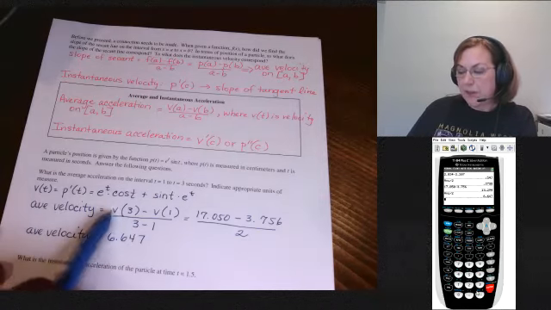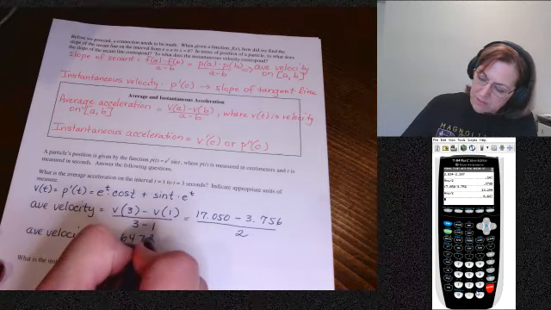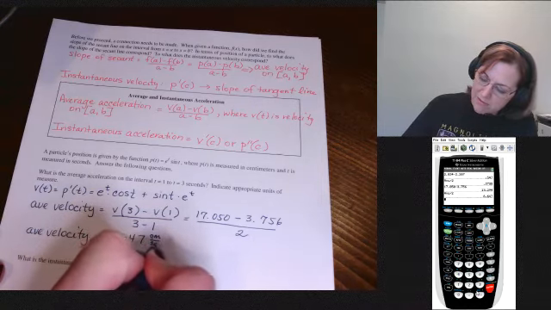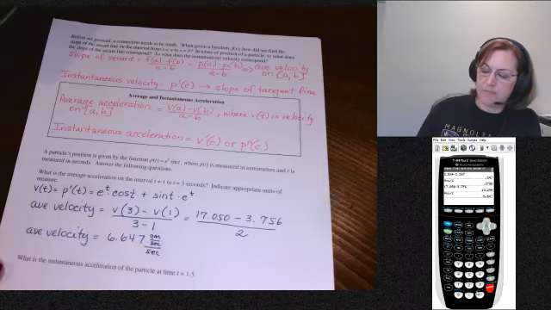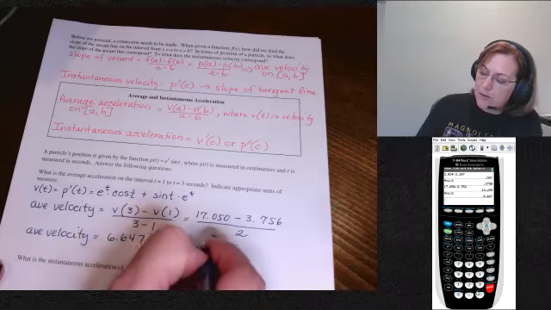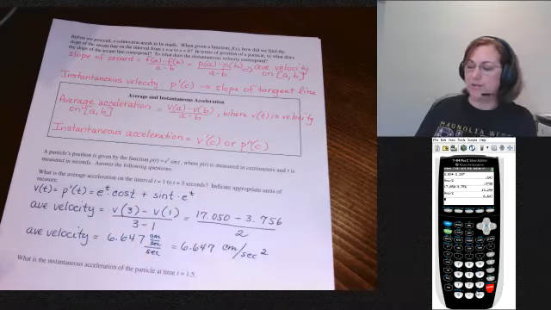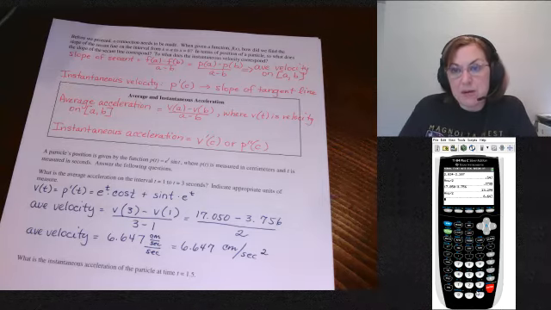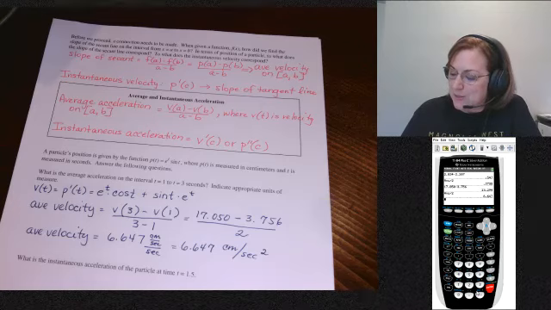The units of my velocity were centimeters per second. That was on top. And then on the bottom, the units of time, second. So really what I have is centimeters per second squared. And my physics people will remember that those are the units for acceleration as well.